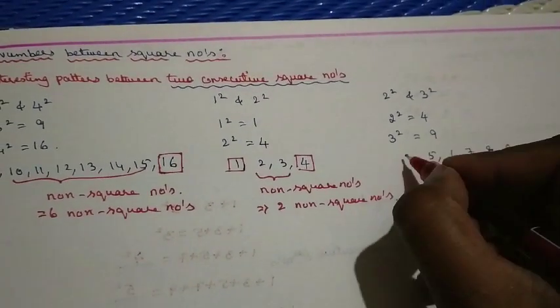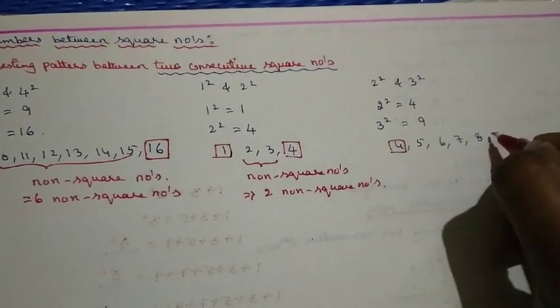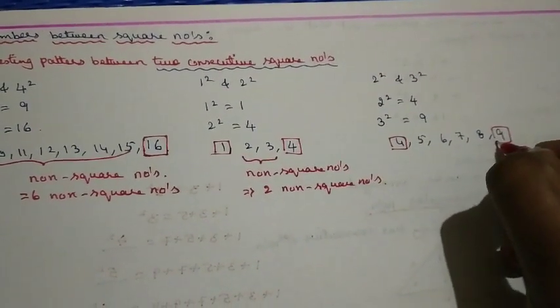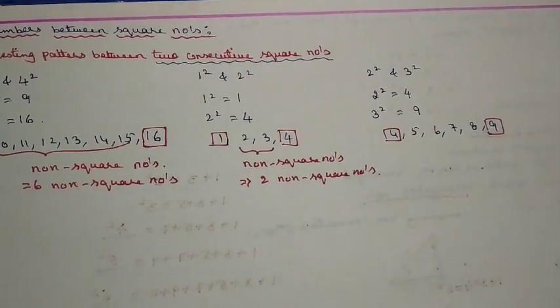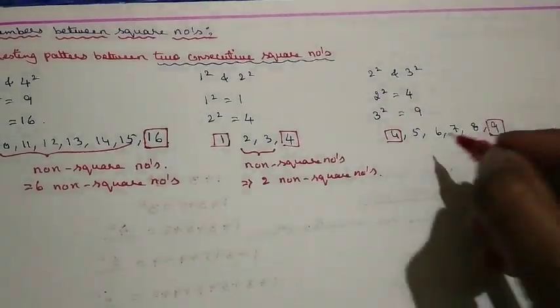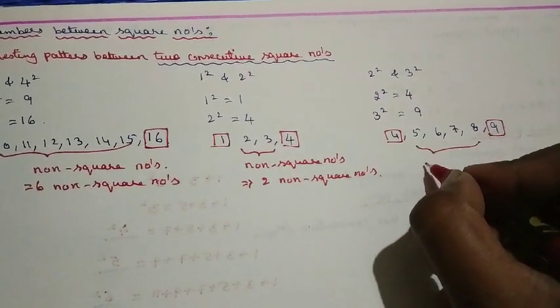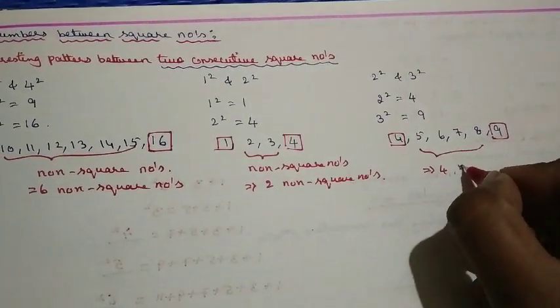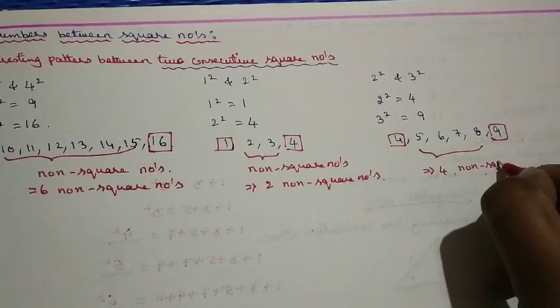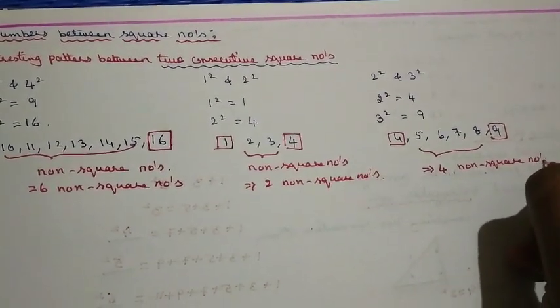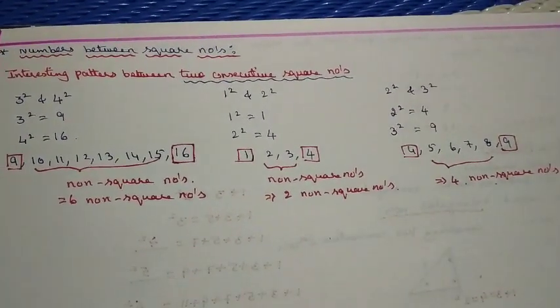Whereas 4 and 9 are perfect square numbers, how many non-perfect square numbers do you have? 4 non-square numbers. Now you can observe the following pattern.